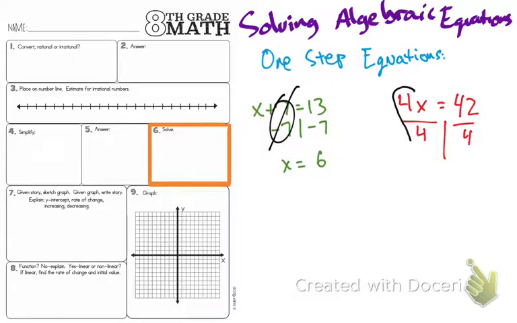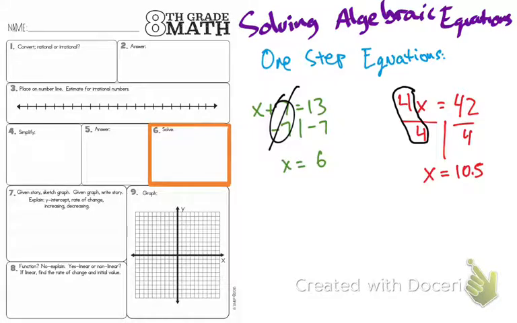This time, when I divide 4x by 4, I actually create 1x. And when I divide 42 by 4, I'm going to end up with 10.5. x is equal to 10.5. And again, we could check that by replacing x with 10.5. 4 times 10.5 does in fact equal 42, and that's our goal. We know we did it correctly.